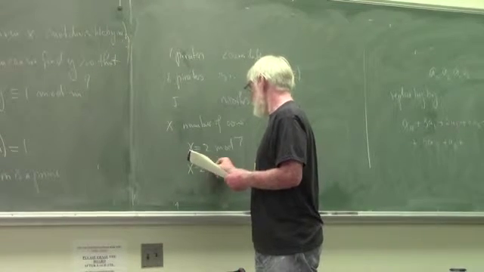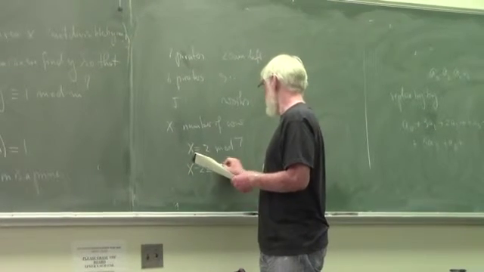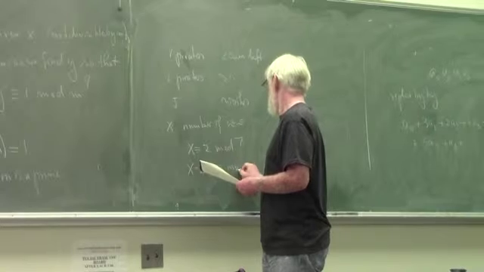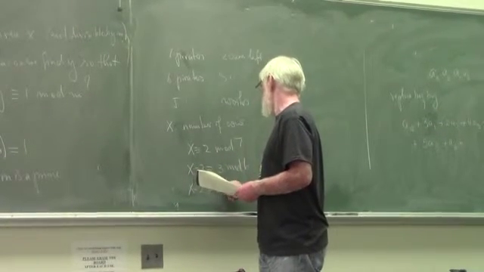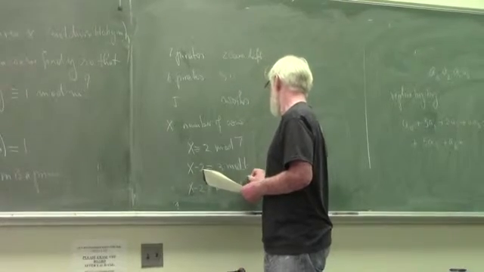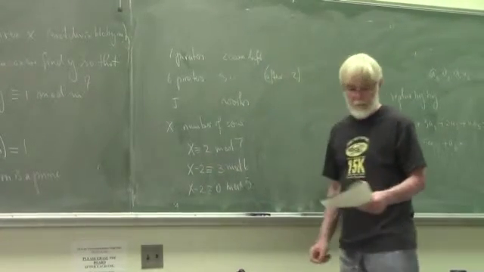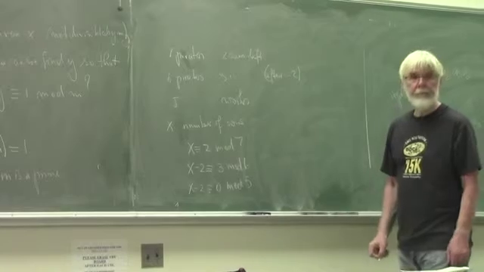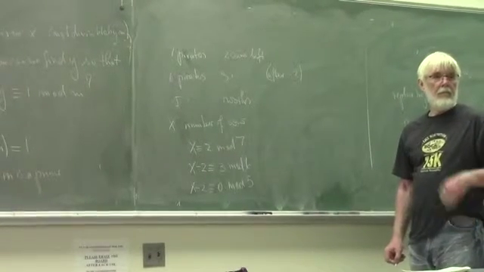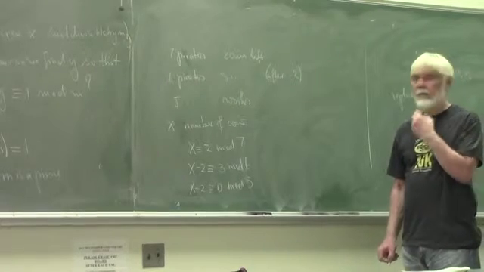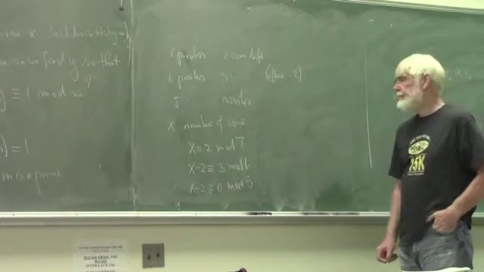X minus 2 is congruent to 3 mod 6. And X minus 2 is 0 mod 5, right? Agreed?